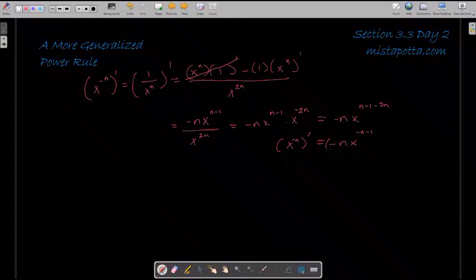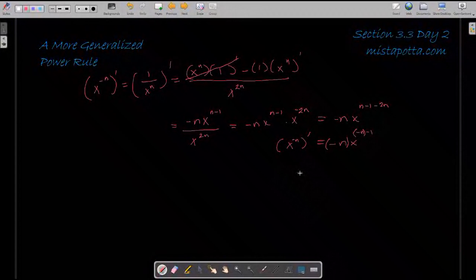I still have the negative n as the new coefficient, and the negative n minus 1 in my exponent.